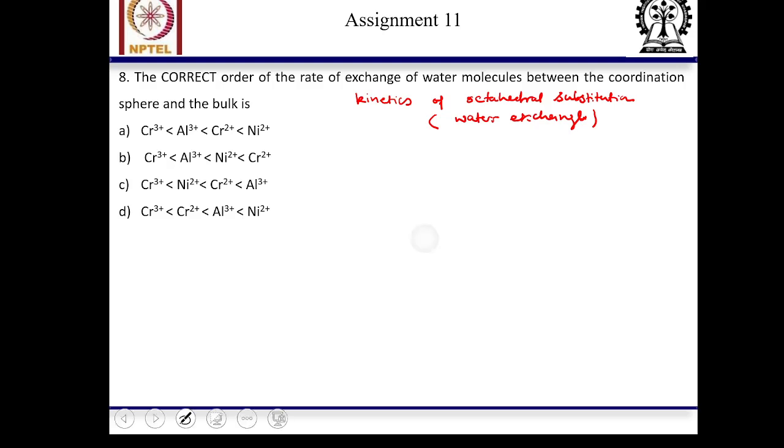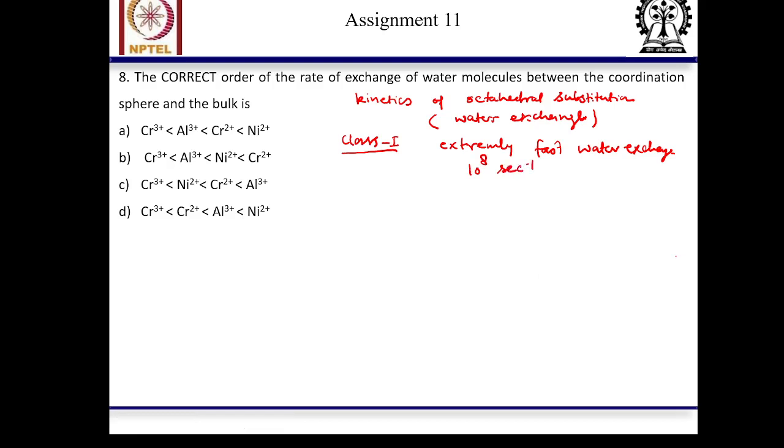So class 1 is the metal which has extremely fast kinetics, extremely fast water exchange. Their rate will be 10 to the power 8 per second. It is very high, 10 to the power 8.